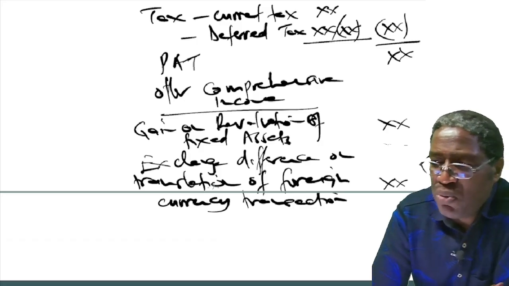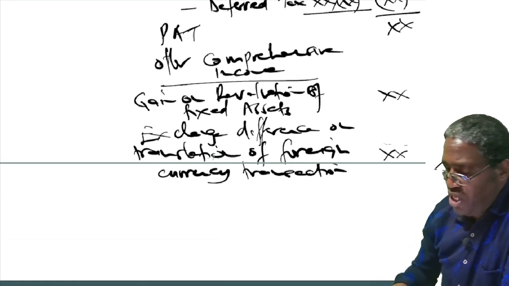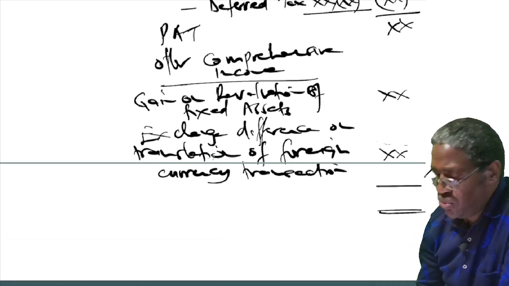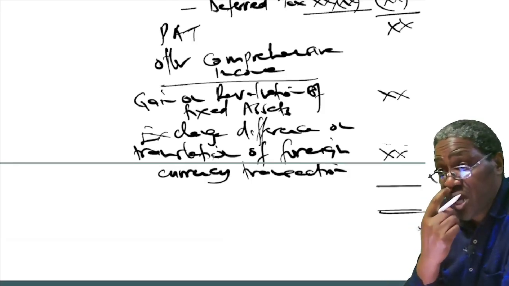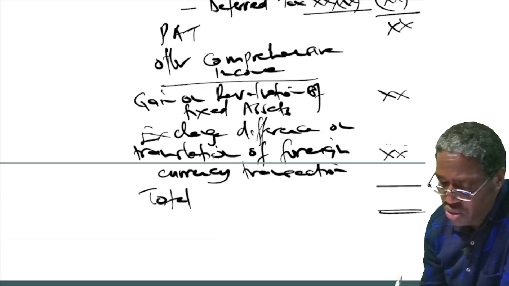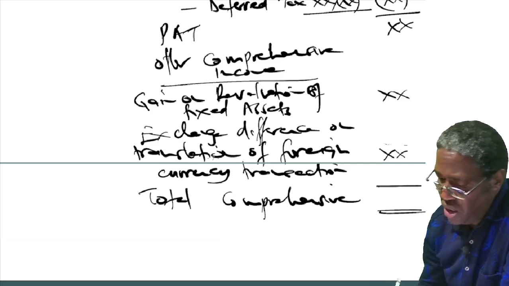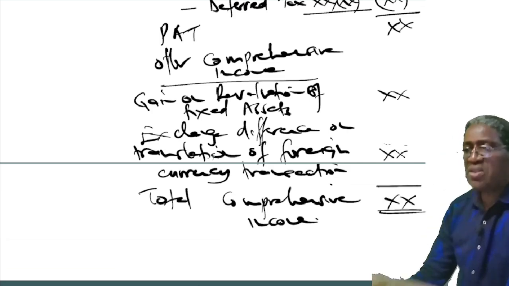Those are the two examples we gave, and any other, of course. Then from there we were saying get the total of the profit after tax and the other comprehensive income, and you call it total comprehensive income. Total comprehensive income. That is it.